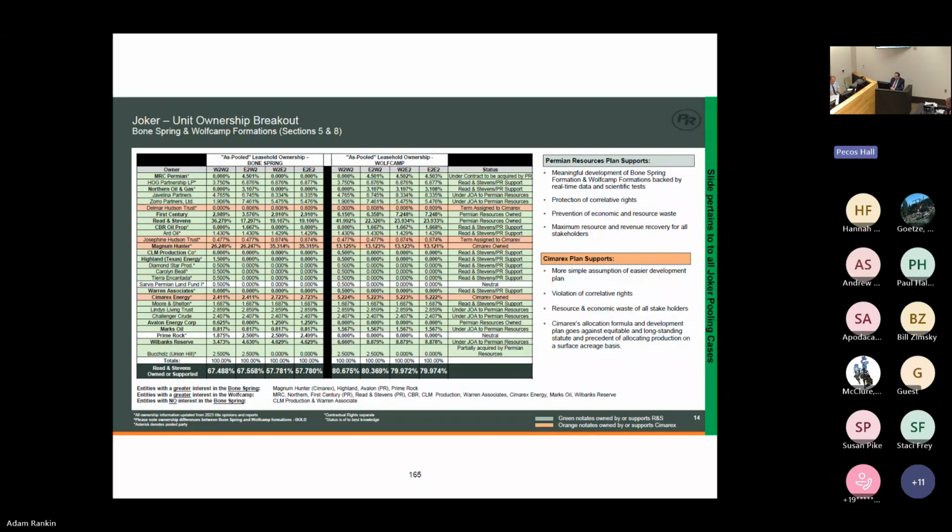The next line says entities with greater interest in the Wolfcamp. Do you see that one? Yes. I interpret that to mean these are people that will be harmed by Coterra's plan. Am I right? Am I wrong if I type that up? I think harmed implies wrongdoing. So Coterra's position is where's the production actually coming from?